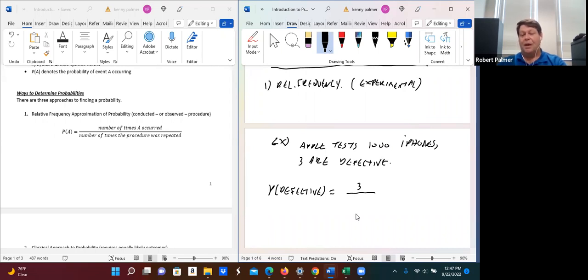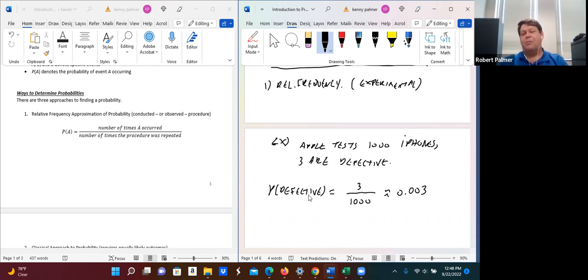You test 1,000 of them, and 3 are found to be defective. Then your probability is 3 out of 1,000. If you calculate that as a decimal, that's going to be 0.003. That's the probability of being defective.